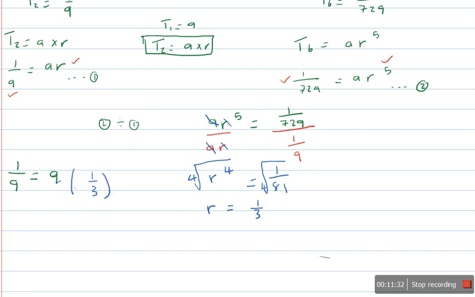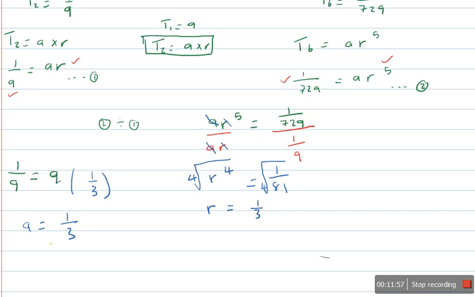So let me solve for A, divide on both sides. So I get A1 equals 1 over 9 divided by 1 over 3. So it will be 1 over 3. That will be my value of, wait, I need to check something.